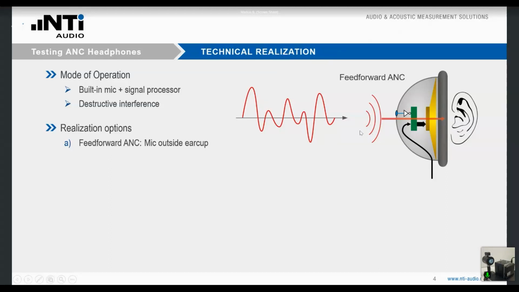So what the ANC headphone does is that it samples this incoming noise and it creates an inverse signal. So kind of a flipped signal. And if we add these two signals together, the result is that it doesn't disappear physically, it's still present, but for our hearing perception, it disappears because this violet arrow here represents the inverted signal. So the incoming signal from outside minus the inverted signal disappears, and you only hear the sound from the music player.